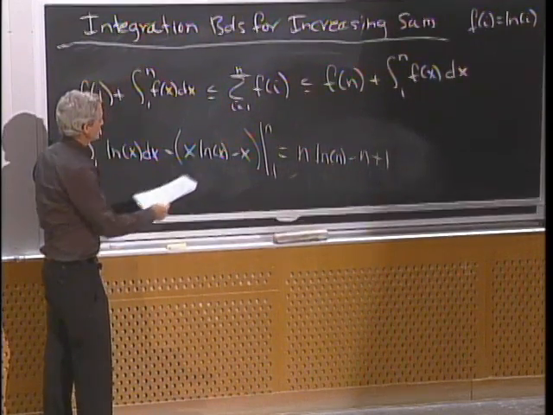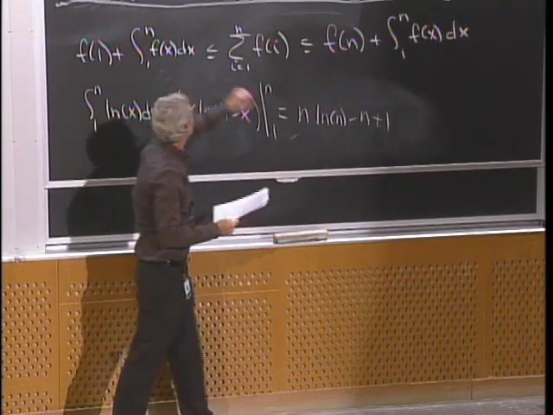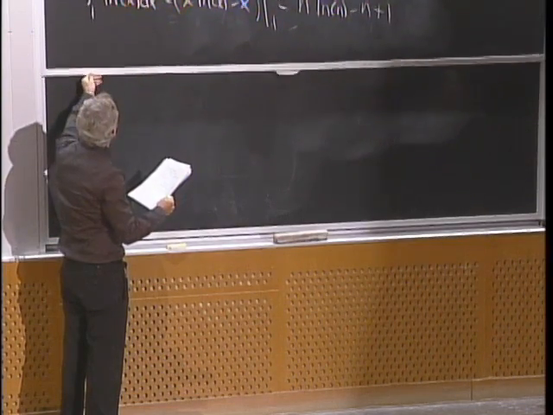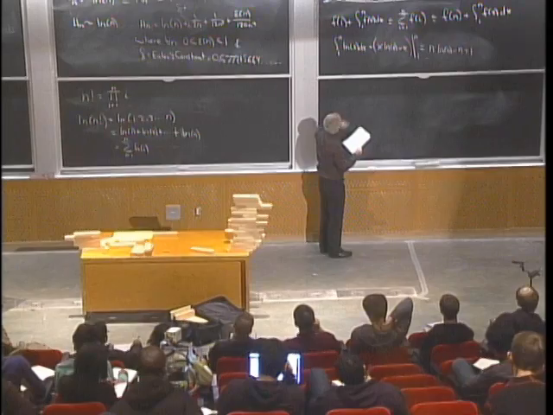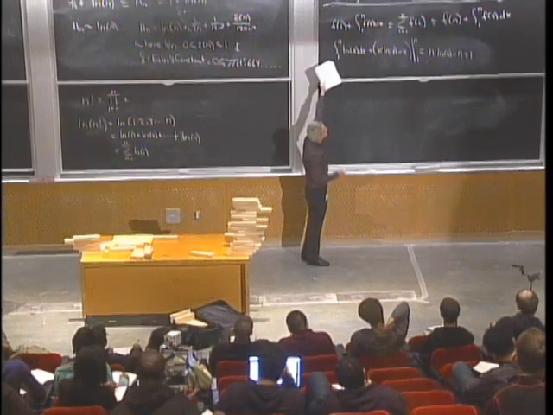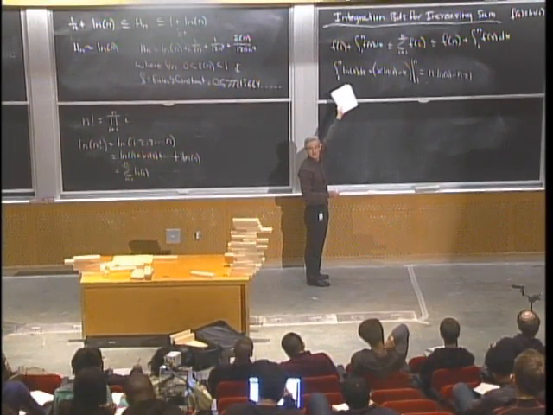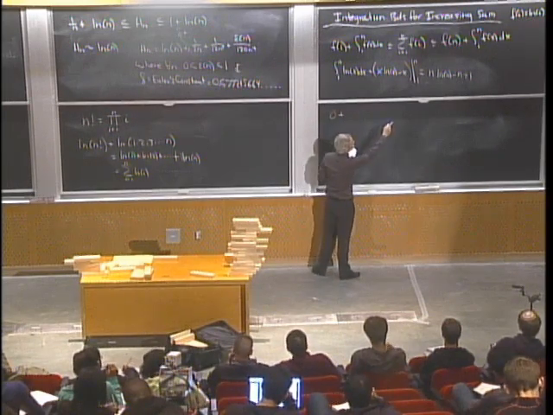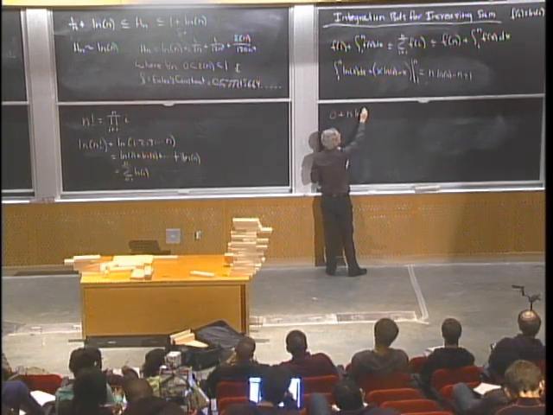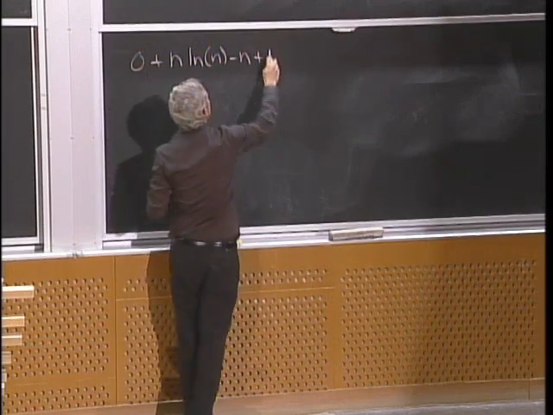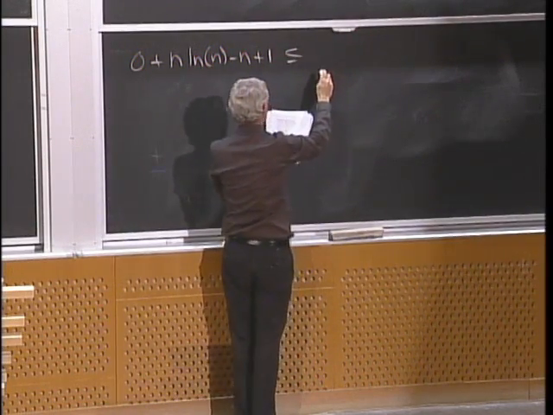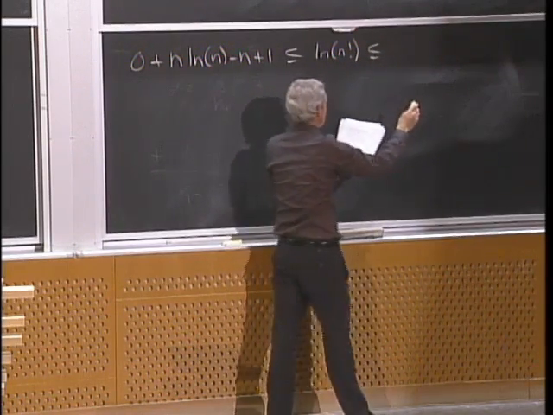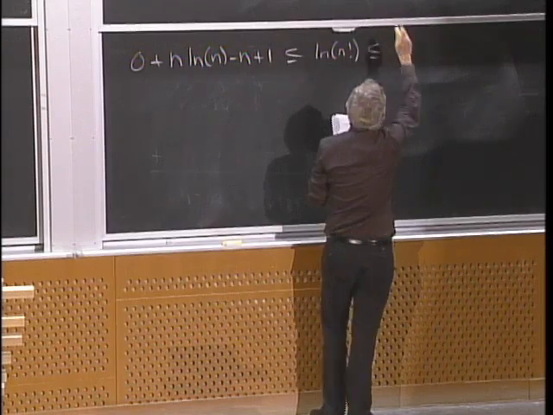All right, and so now we'll just plug this into the integral, and we'll get our bounds. So f of 1, what is f of 1 in this case? Yeah, 0. Plus n ln n minus n plus 1 is less than or equal to log of n factorial, which is less than or equal to f of n, which is log of n, plus the integral.